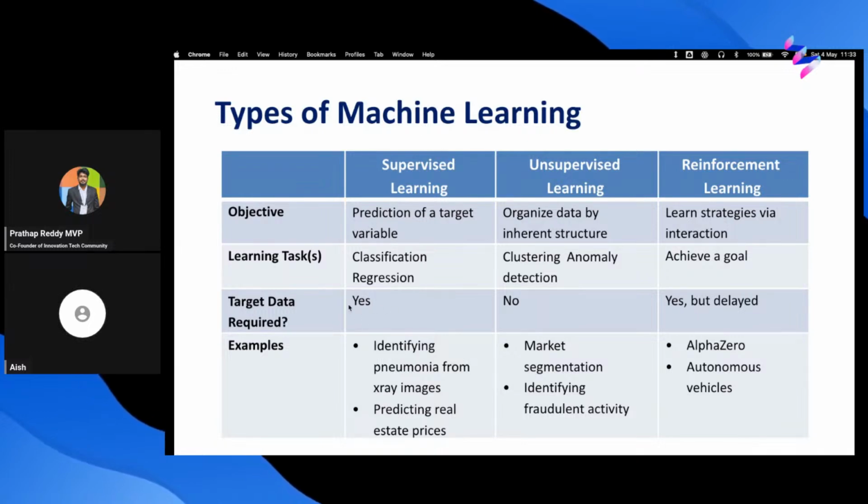That is, you give it 1,000 pictures of animals, and you give it labels that this is a cat, this is a dog, this is a horse, this is a squirrel, whatever. So you have those answers already. That is an example of supervised learning. Examples are classification and regression algorithms. We'll learn about them in a while.